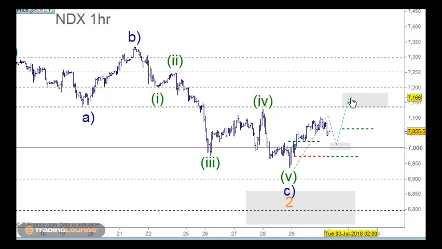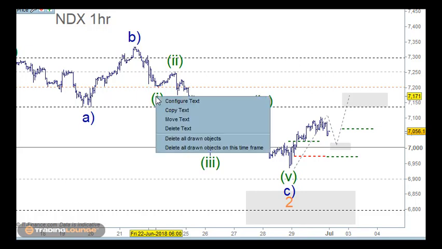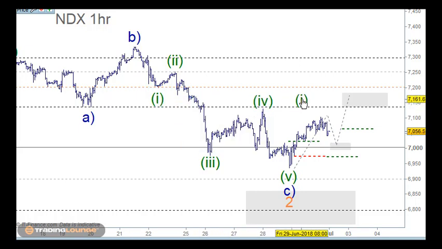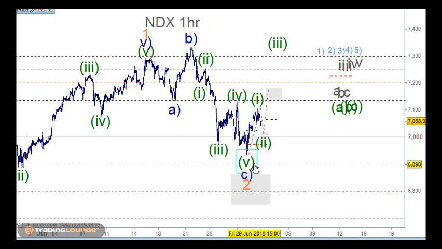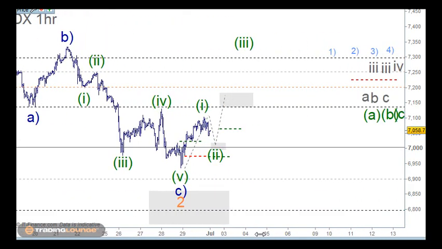So we need to work out if we have wave 1 here, wave 2 here, wave 3 up here, or do we have the A wave there, the B wave here, and C wave to this point here?